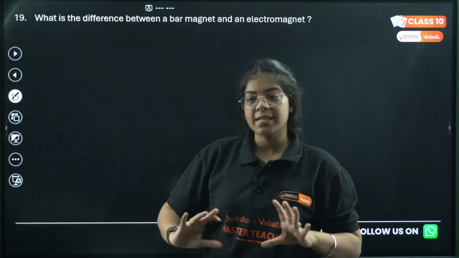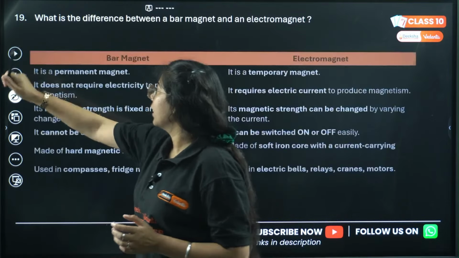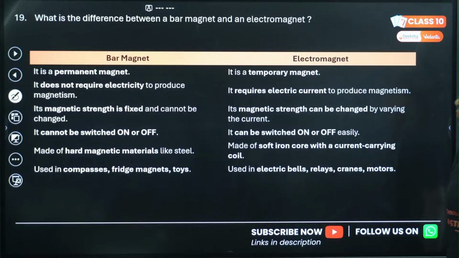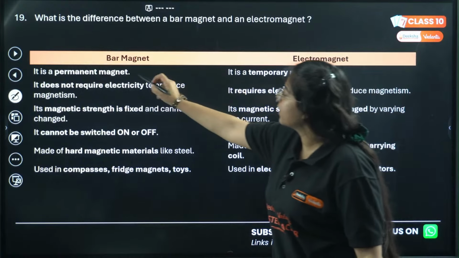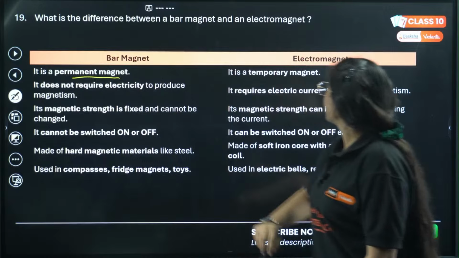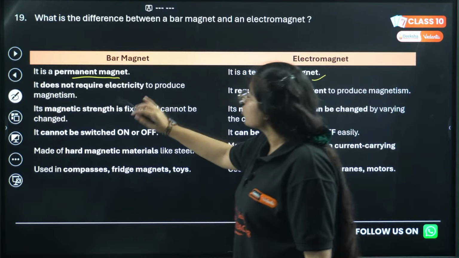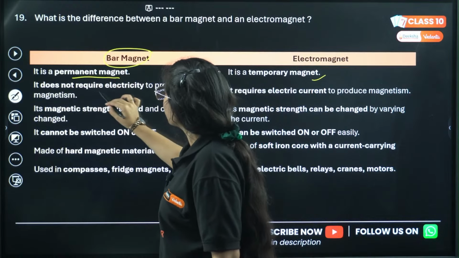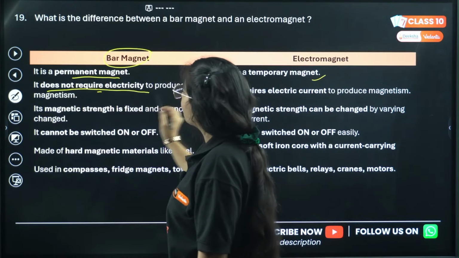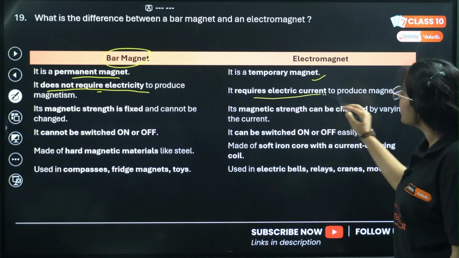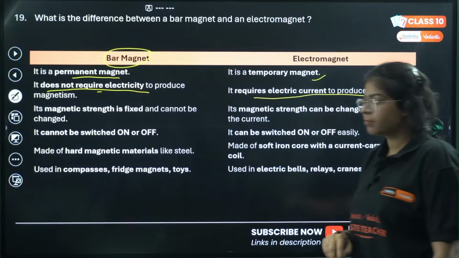Let's see these answers in detail. You can take a screenshot if you want. There are all these points. First is, of course, a bar magnet is a permanent magnet. Then an electromagnet is a temporary magnet. Then a bar magnet does not require electricity to produce magnetism, whereas an electromagnet requires electric current to produce magnetism.